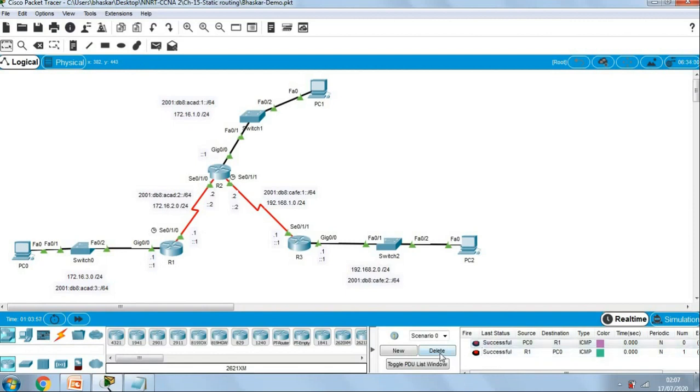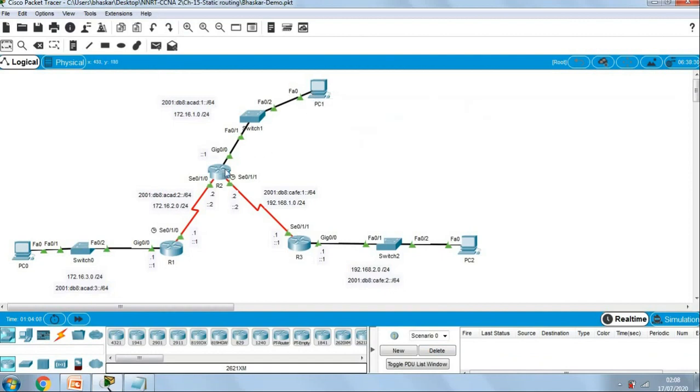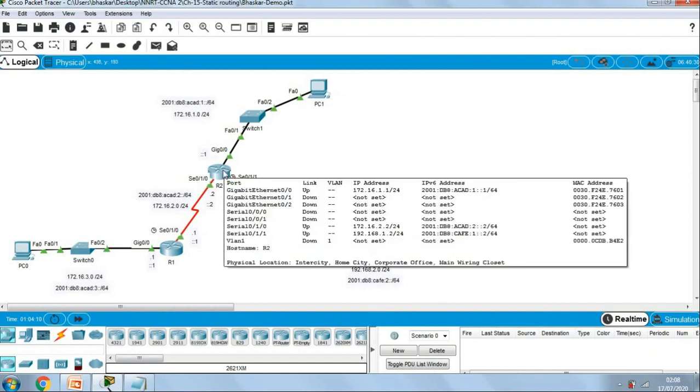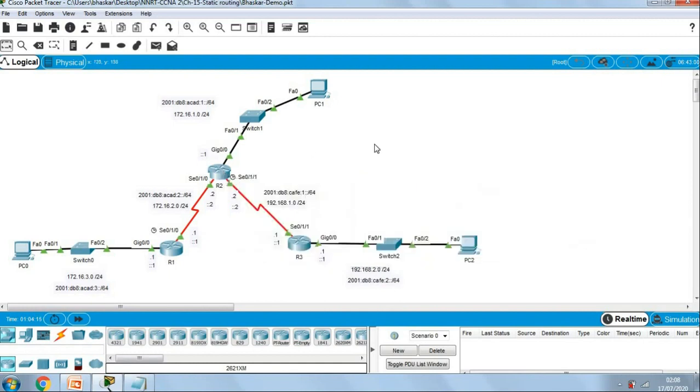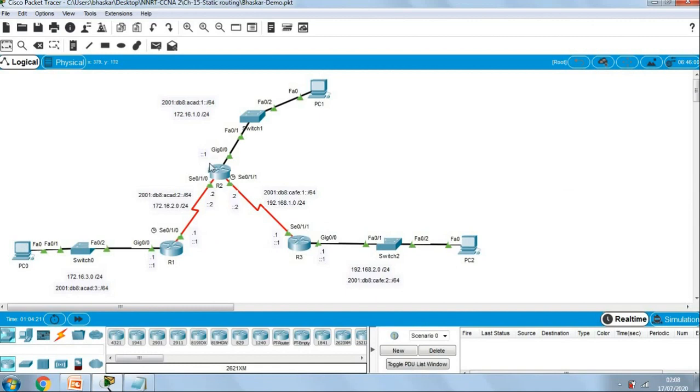Next, I assigned the same here: this one also .5, the IPv6 address also .5, and the G0/0 interface here is 172.16.1.1 and the IPv6 address is 2001:DB8:ACAD:1::1, the first addresses I assigned here also. Now I'm going to check the communication between this LAN.